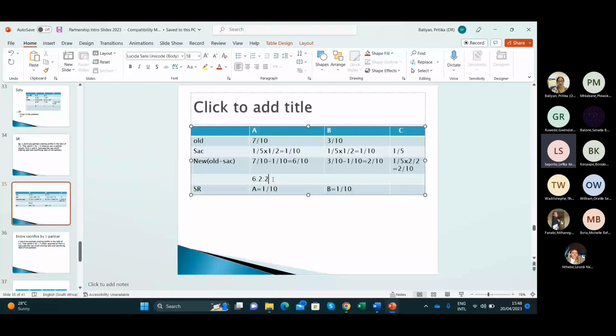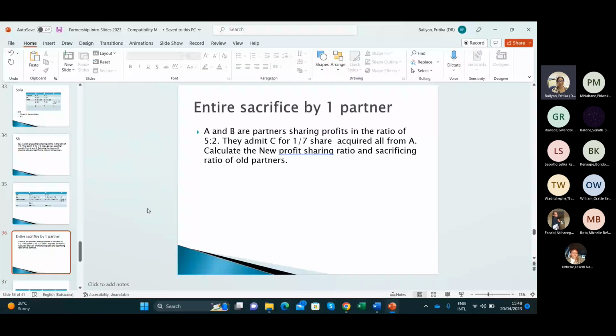Okay, I understand. Another situation is when a new partner joins the partnership and not all partners sacrifice; only one partner sacrifices his proportion to share with the new partner.